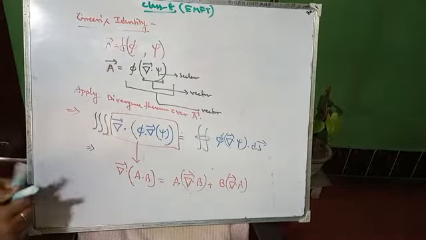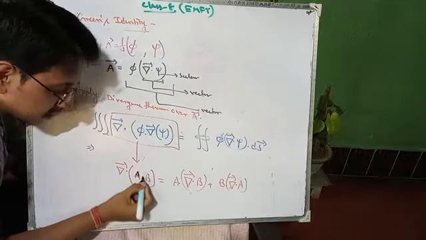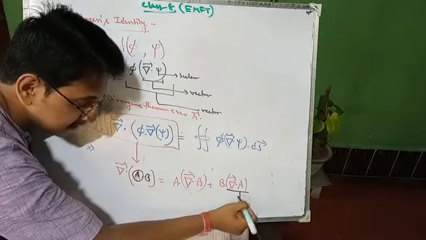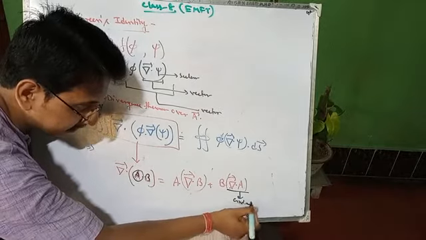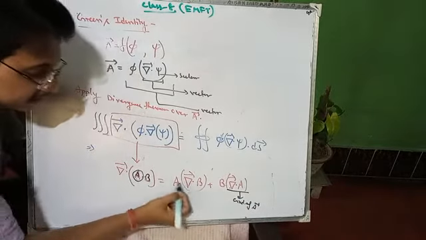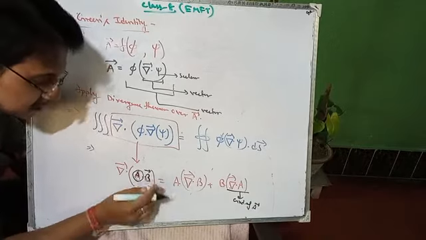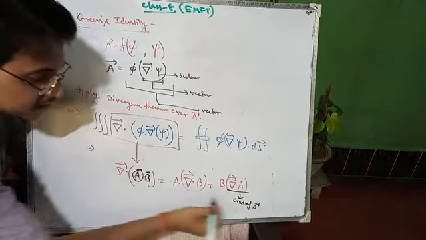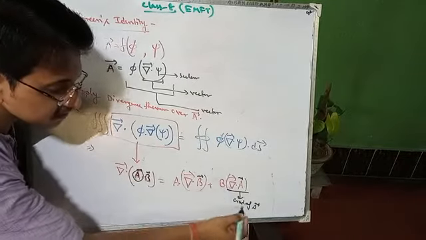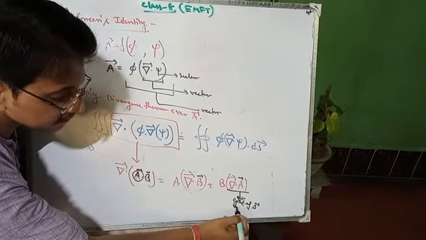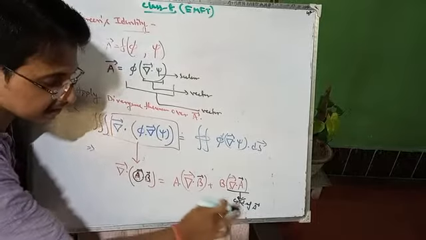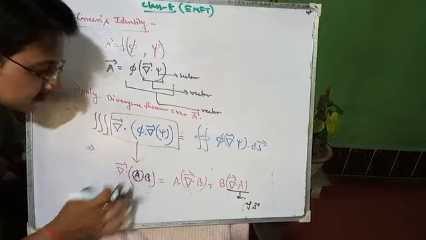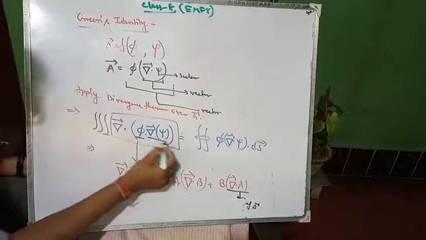If we see this A dot B, A is a scalar, so we pronounce it as grad of A. And if A and B are two vectors, then it is the divergence of A. Here it will be the gradient of A, as A is not a vector but a scalar quantity. So here it is a scalar, and there it is a vector.